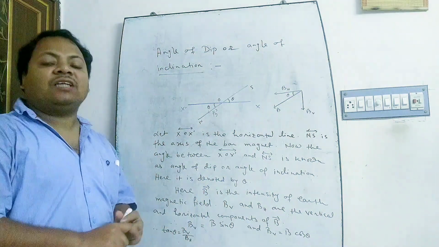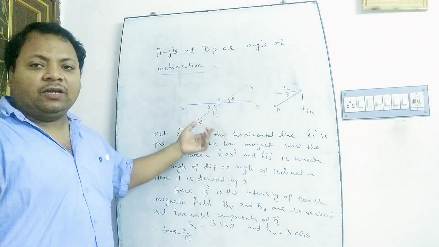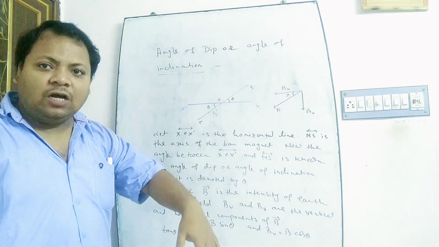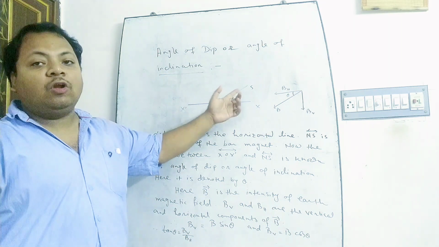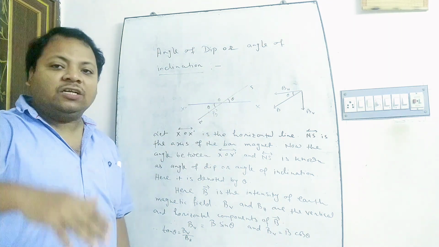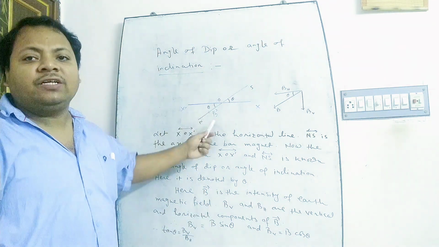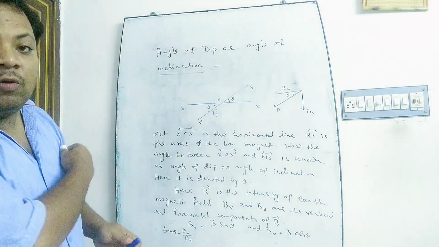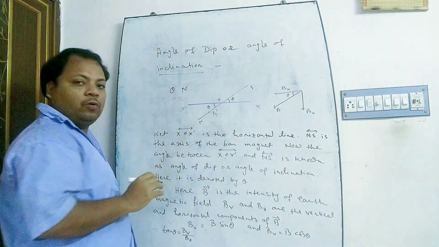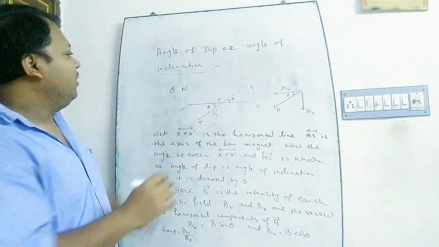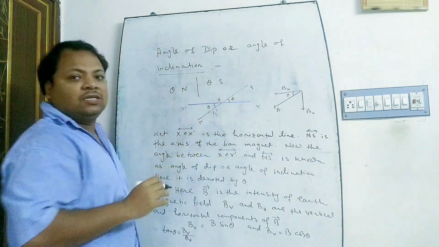You know that in the northern hemisphere, the north pole of the bar magnet inclines towards the earth. In the southern hemisphere, the south pole of the bar magnet inclines towards the earth. That's why the angle of dip is denoted by theta n in the northern hemisphere, and in the southern hemisphere it is denoted by theta s.